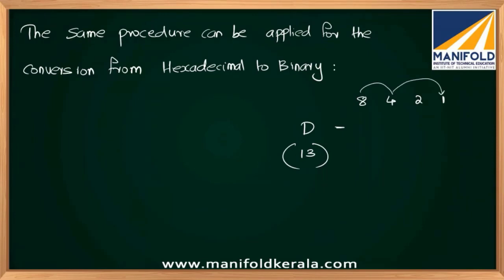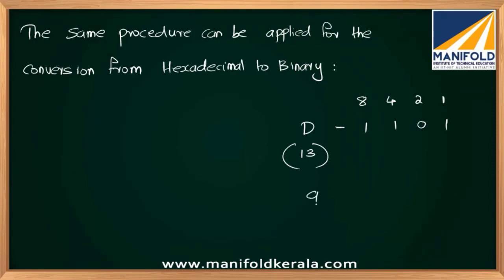Whichever digits are participating, put a 1 there. So it will be 1 here, 1 here, 2 is not participating so 0, and this will be 1. So it will be 1 1 0 1, the binary equivalent of D.